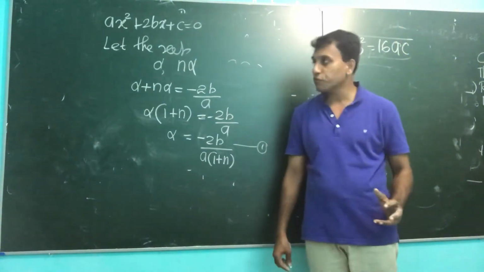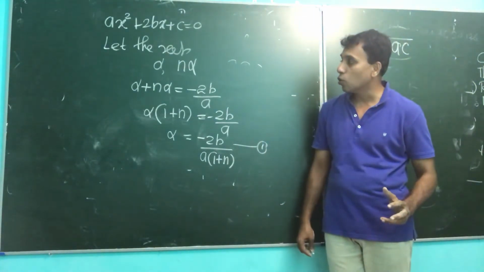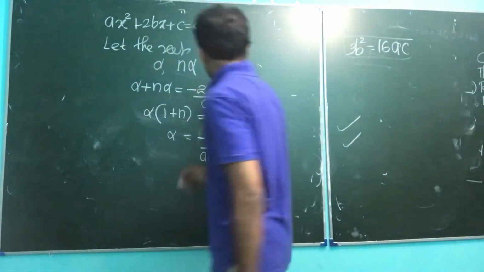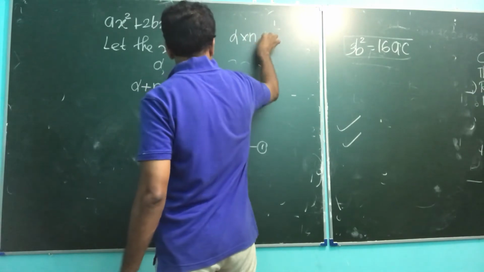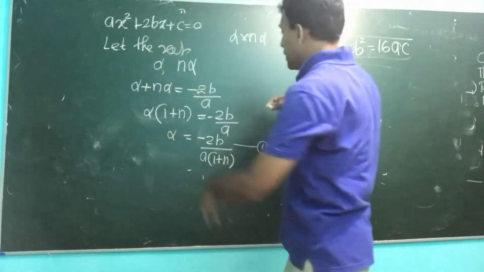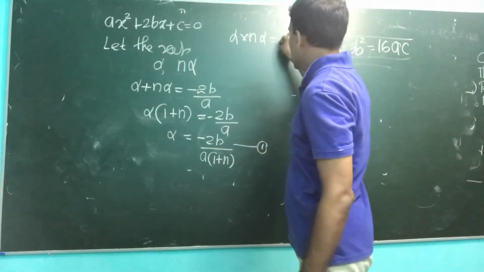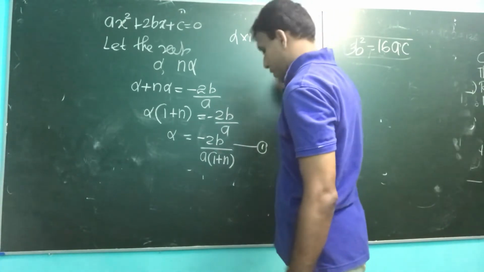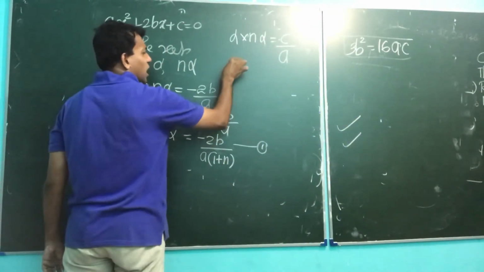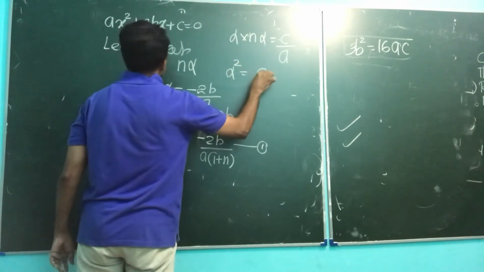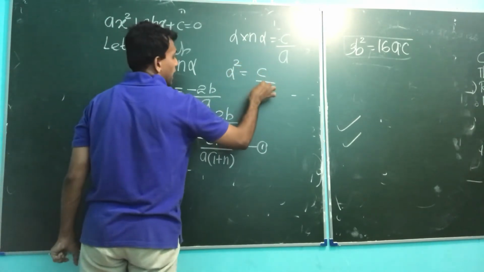Multiplication, product of the roots is c over a, right? Next one, alpha into n alpha, c over a. Or otherwise, alpha square is, what is that? C over na.